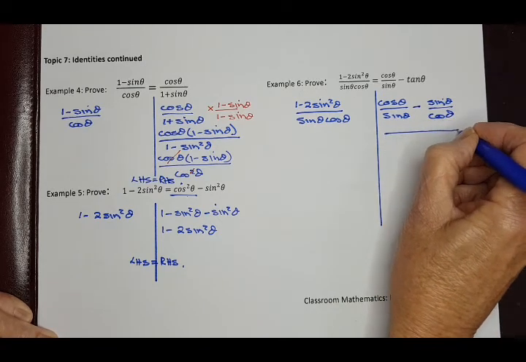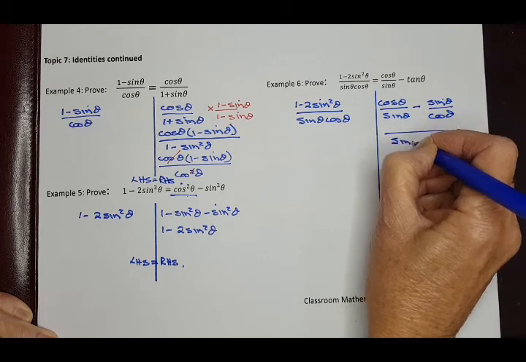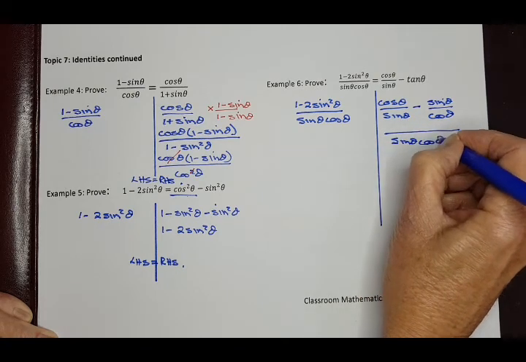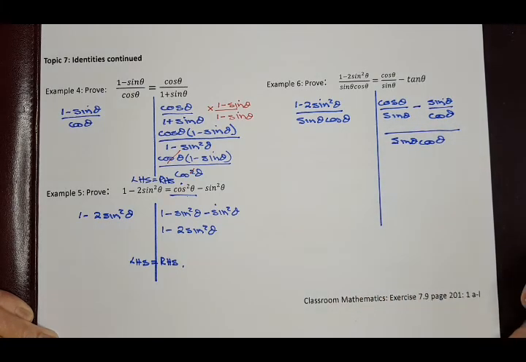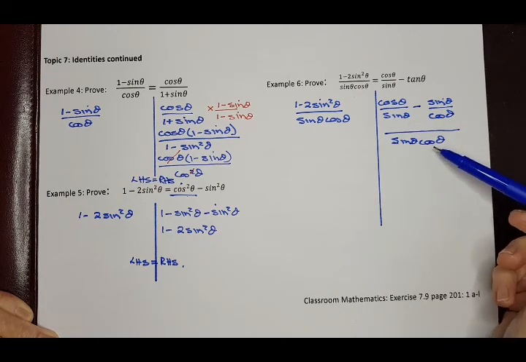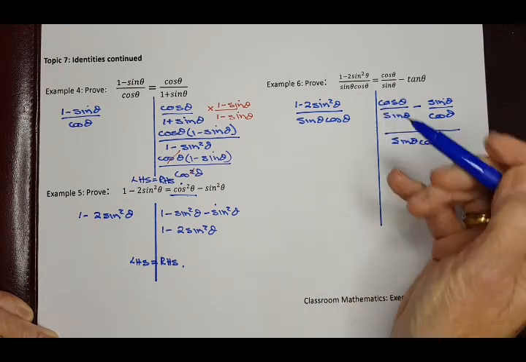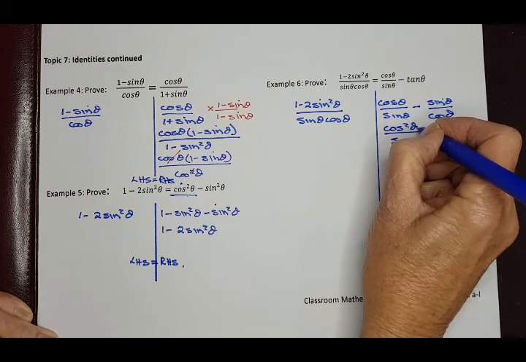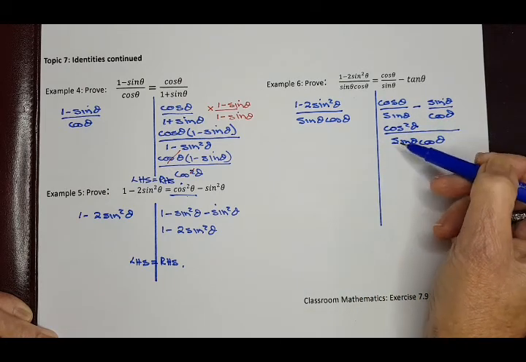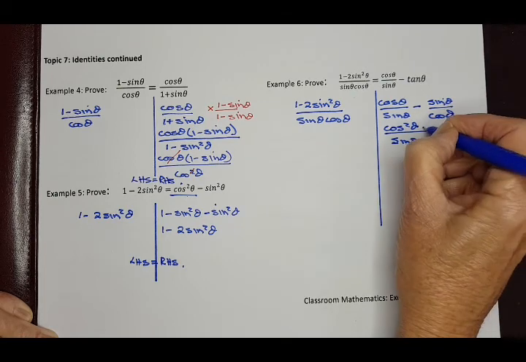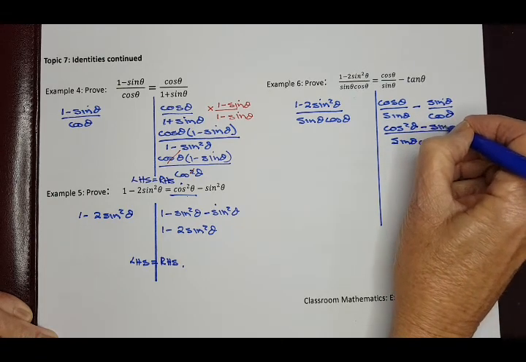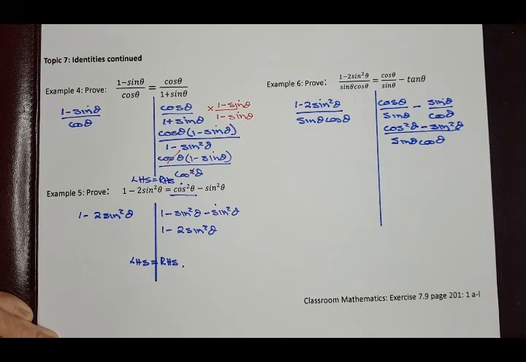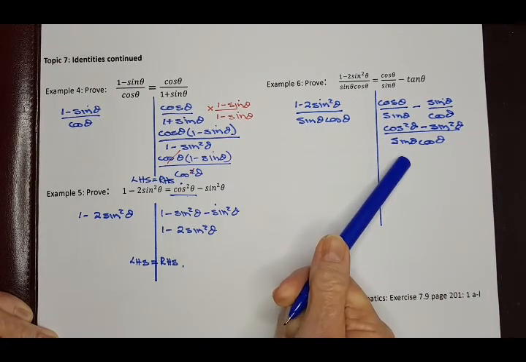I'm simplifying fractions. That means I need to find my lowest common denominator. Sine goes into sine cos, cos, and cos times cos gives me cos squared theta. Cos divides in here, sine squared times sine times sine is sine squared theta. My denominators are now the same.